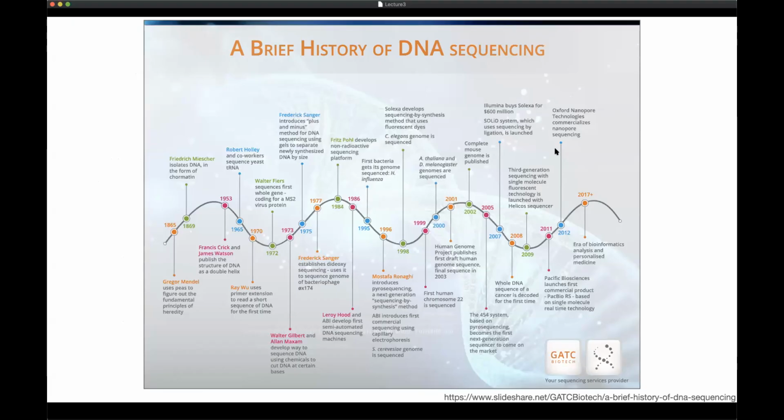Sanger sequencing took over. So here's, I found this nice slide on SlideShare, which highlights the major events in DNA sequencing. I mean, obviously, Mendel didn't know what DNA was.